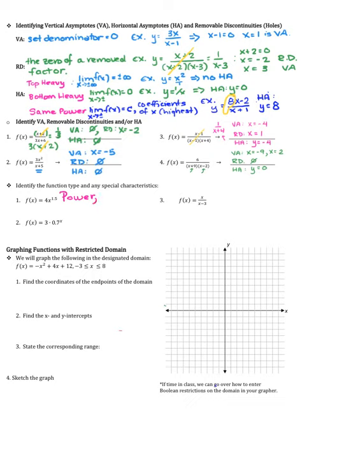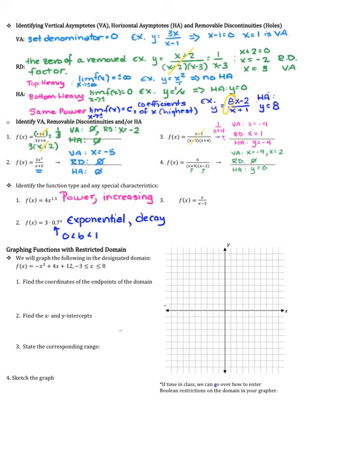And because that 1.5 is greater than 1, its characteristic is that it is an increasing function. On number 2, now your exponent is the x, so that's exponential. That's kind of how you tell the difference between these. And because 0.7 is between 0 and 1, this one is exponential decay.